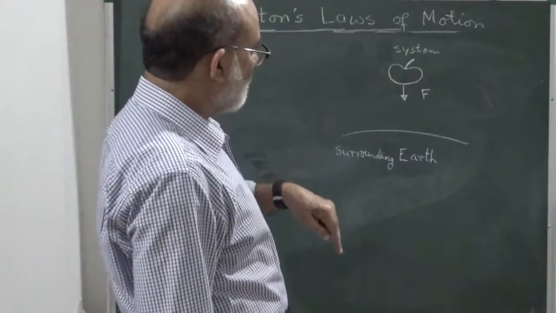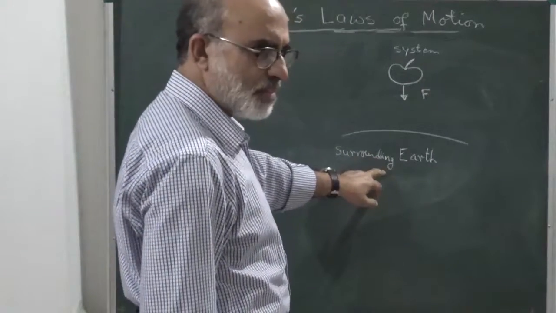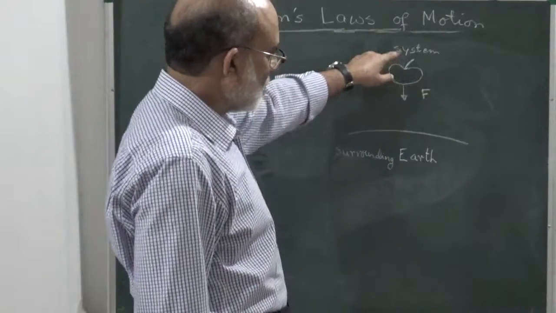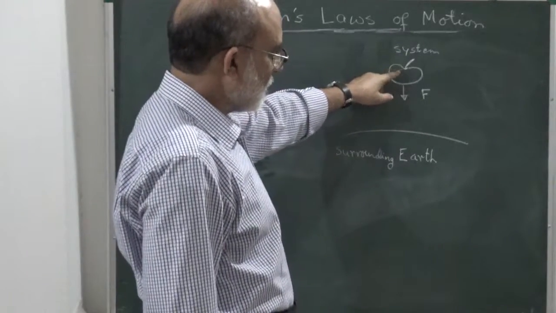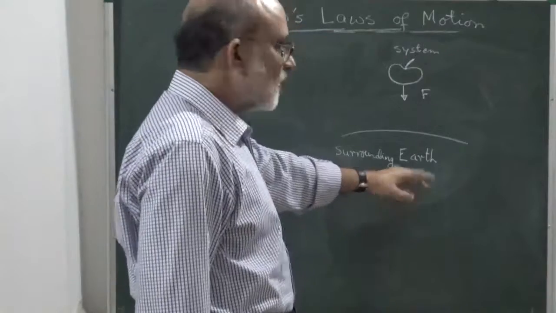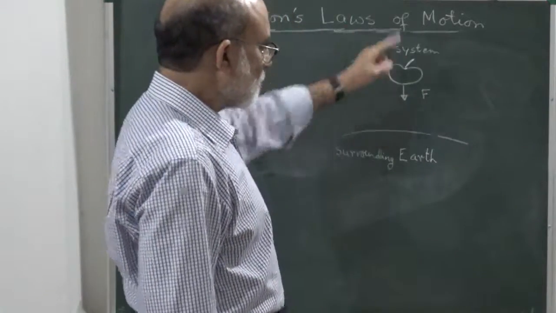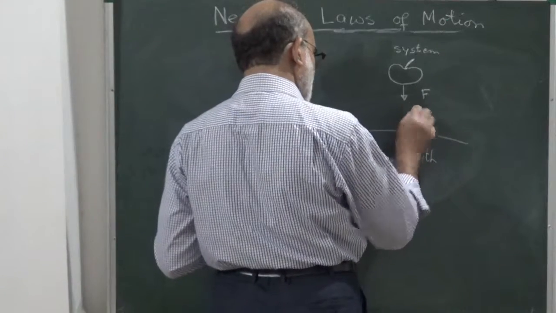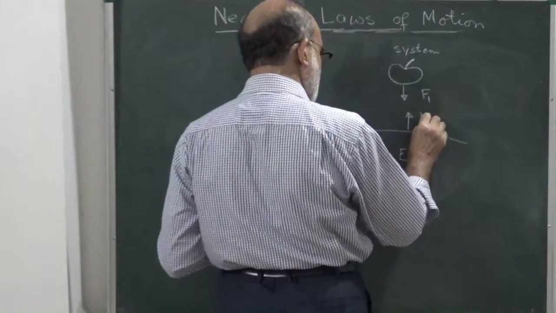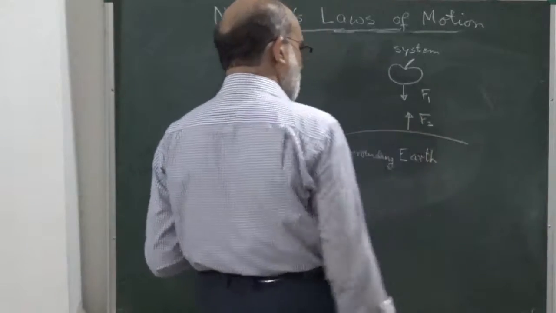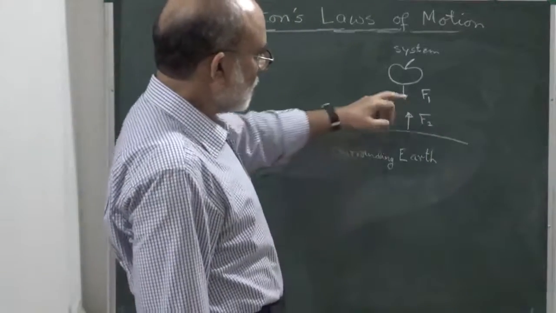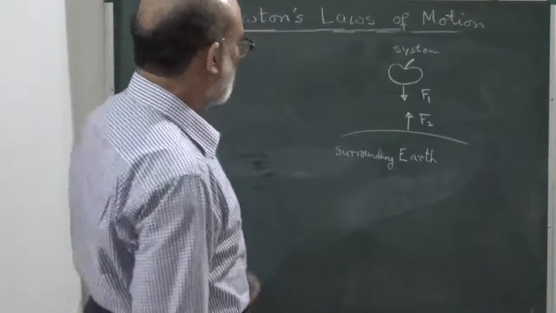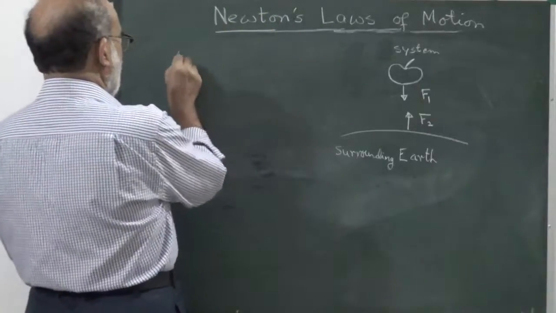If the action is on the system, the reaction will be on the surroundings, and the surroundings here is the earth. It means the apple is also pulling the earth by the same force F. If this one is F1 and this is F2, according to Newton's third law these two must be the same.